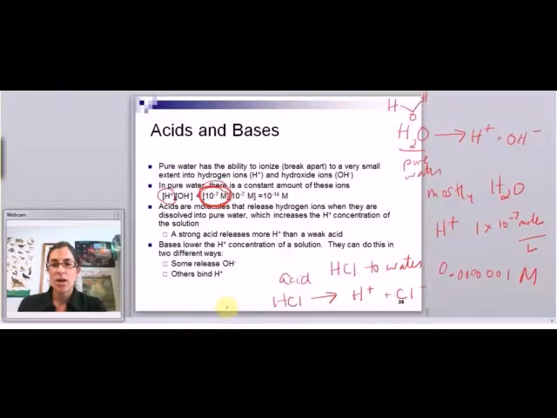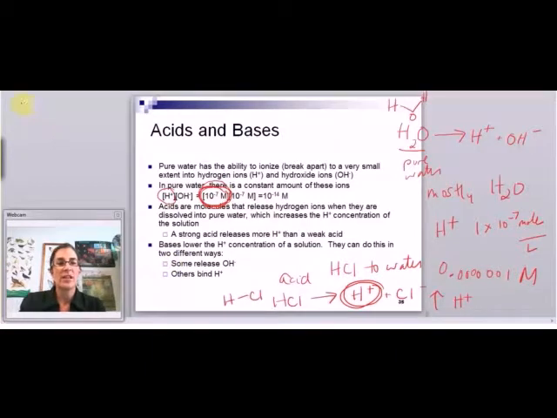So again, it's like water. It's actually made from a covalent bond, but for reasons we're not going to get into, when I add it to water, it separates into these ions. So this is creating more hydrogen ions. So this will increase my H plus concentration higher than 1 times 10 to the negative 7th. Okay, remember, this is what's pure water. This will add to the 10 to the negative 7th.